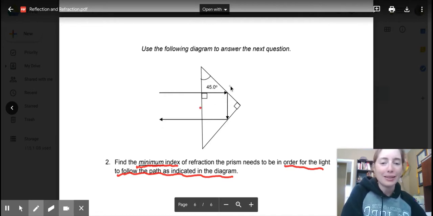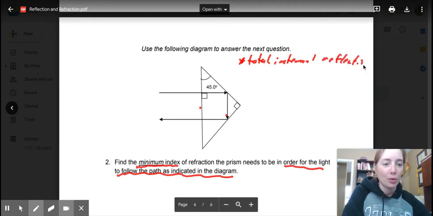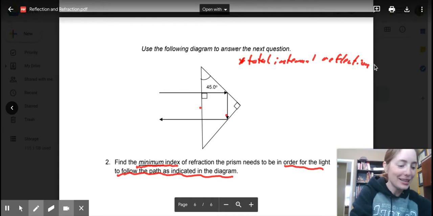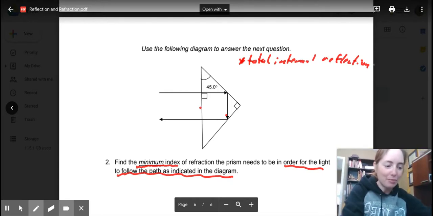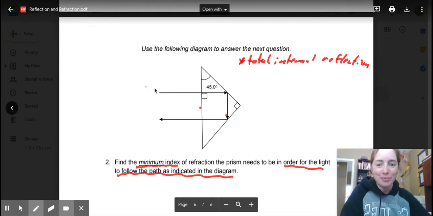We need to consider what our rays of light are doing here. Notice it's entering and then bouncing off that surface. What we have here is a case of total internal reflection, because we can see that light getting trapped within this prism.